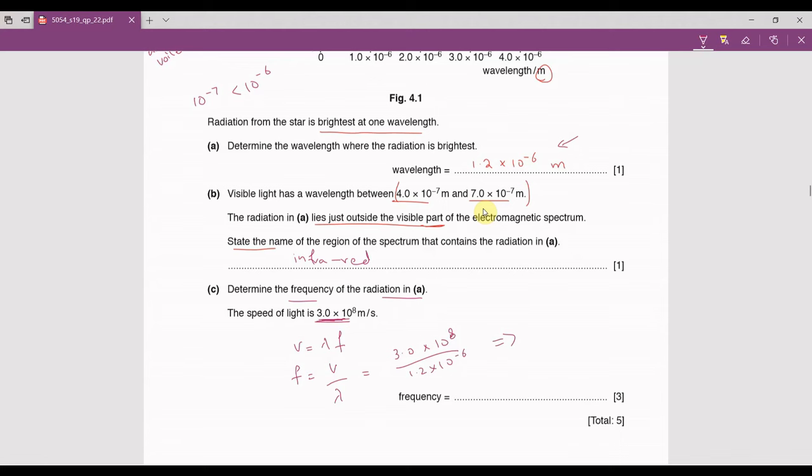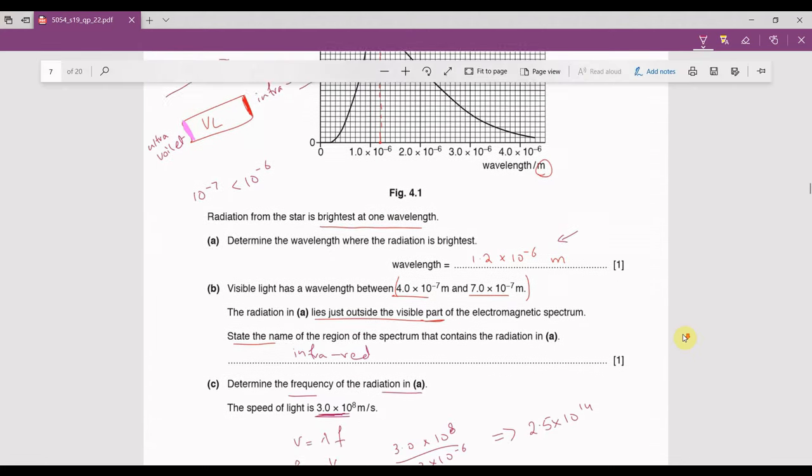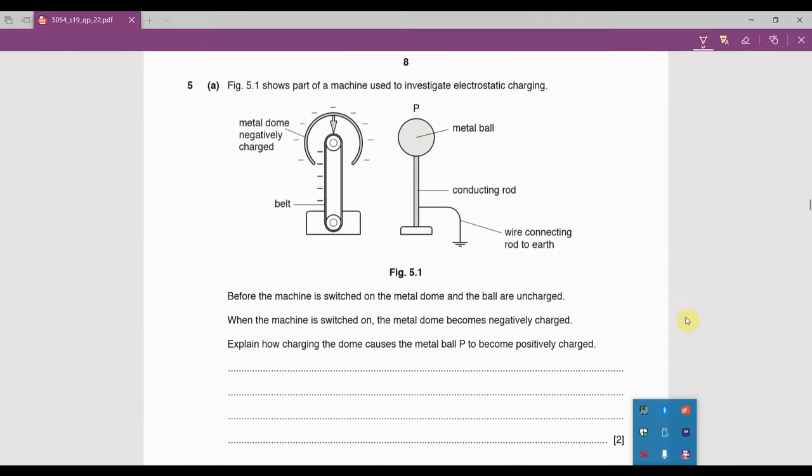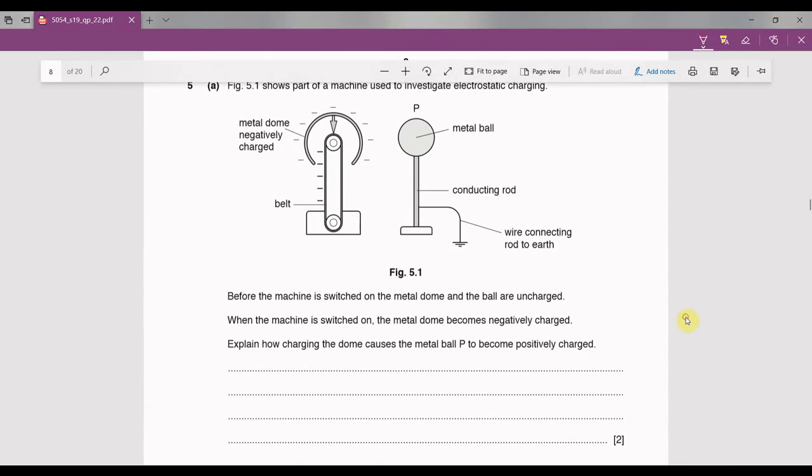So the frequency turns out to be 2.5 into 10 to the power 14, and don't forget the unit of frequency, which is hertz. Okay, so we are done with question number 4 as well. Now we'll move on to question number 5.